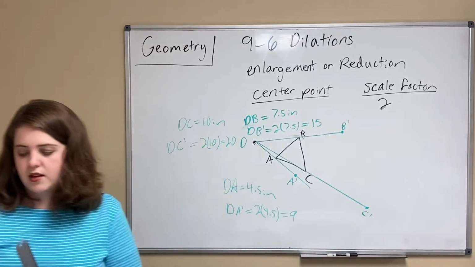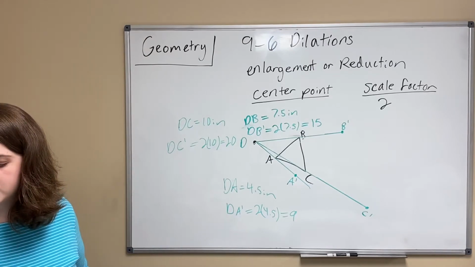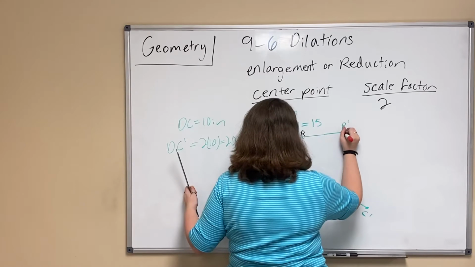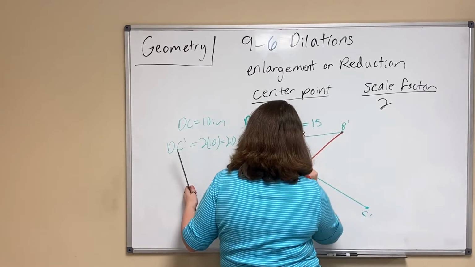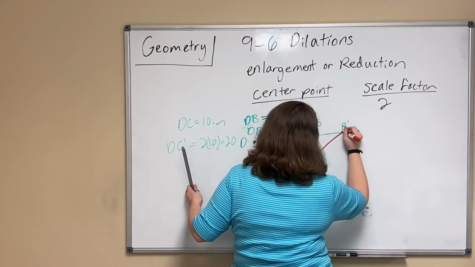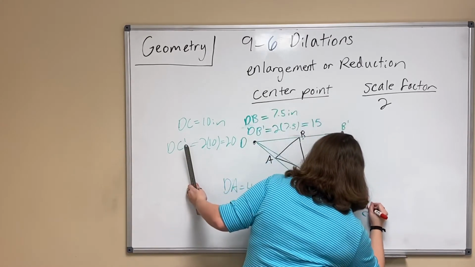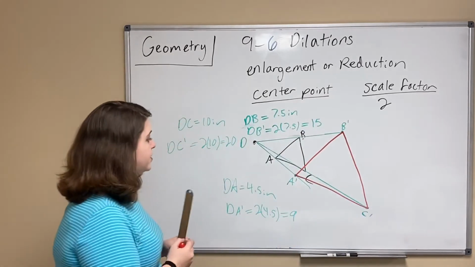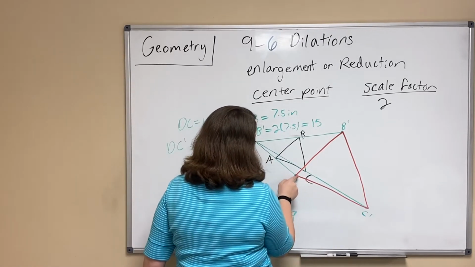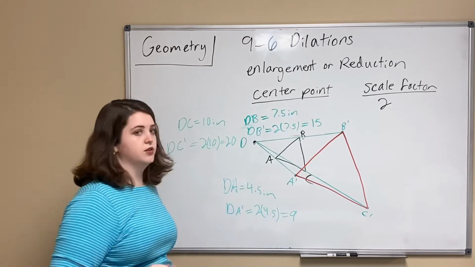All right, now that we've got our new points, we'll connect all of our dots. And I'll have this new triangle that I know is 2 times the size of our original triangle.